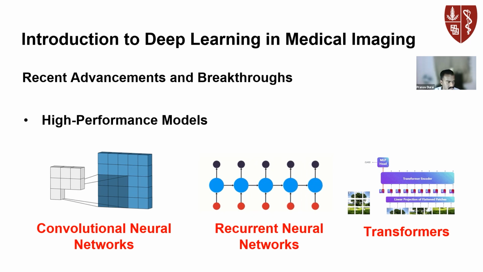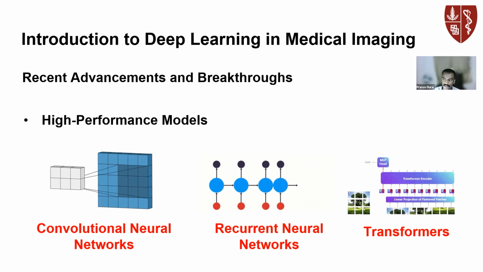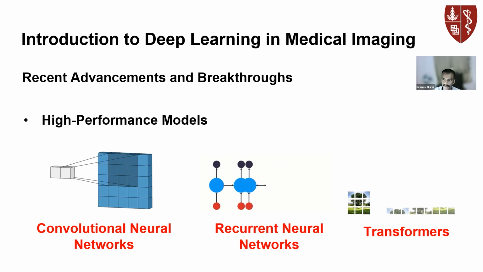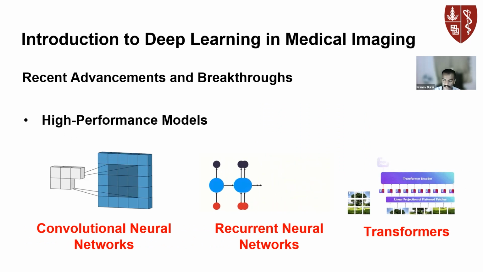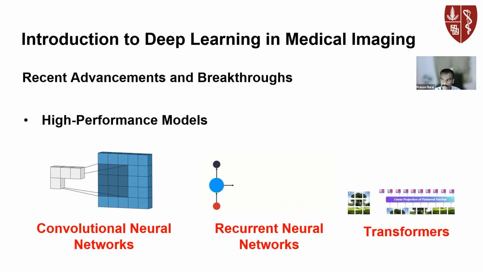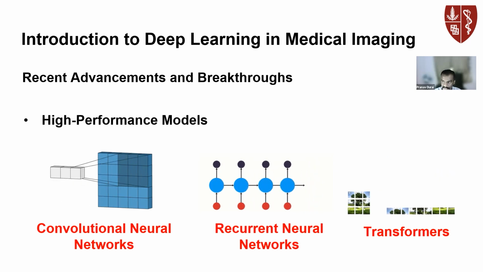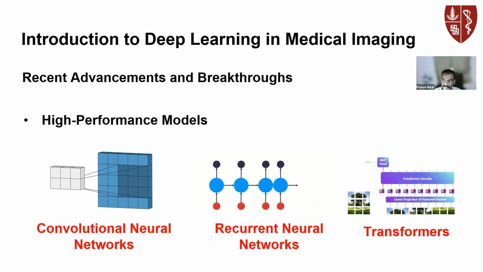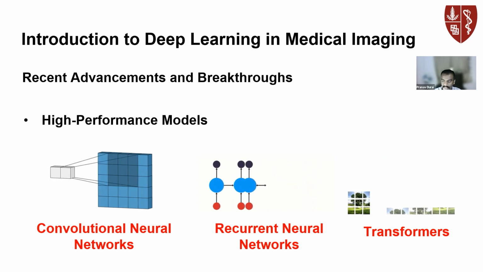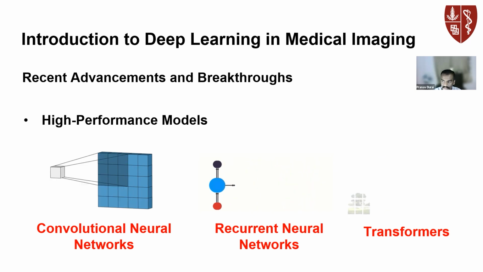And the second model over here is recurrent neural networks, which are more useful in NLP or language-based tasks, right? And recently, we have also seen the breakthrough with transformers, right? Fun fact, ChatGPT uses transformers, right, to predict the next word in a given word sequence or in a sentence, right?